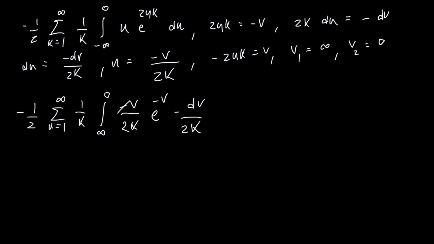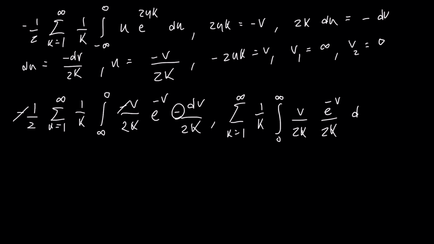So I can cancel these negatives, and I use this extra negative to flip the bounds of integration. So we have the sum from 1 to infinity of 1 over k, and the integral from 0 to infinity of v over 2k e to the negative v, dv, and we still have that extra 1/2 that I forgot there. So we have 2 times 2 is 4, times an extra 2 is 8.